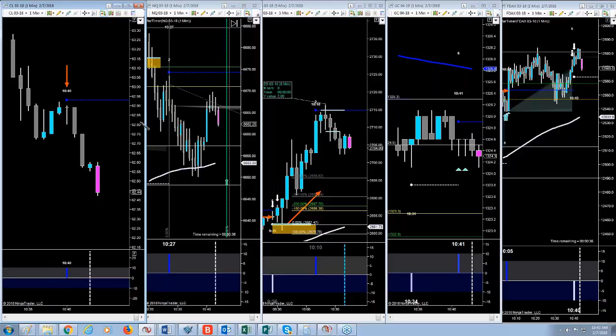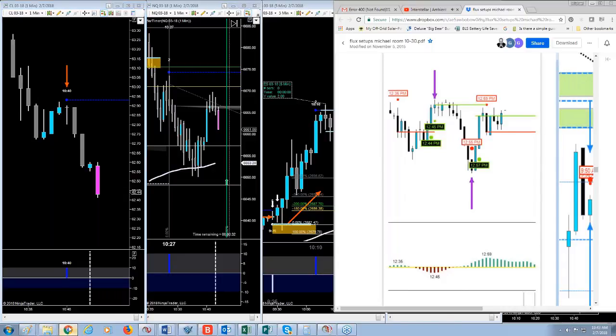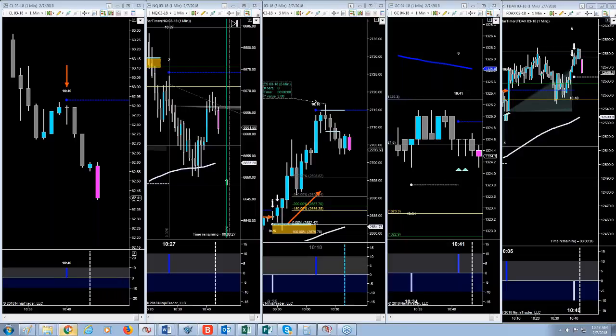But I was watching for that pattern. I see that pattern happen all the time. It didn't happen today. So when you have to choose the counter trend setup or the trend setup, you should always opt for the trend setup wherever possible, in my opinion, for what it's worth.